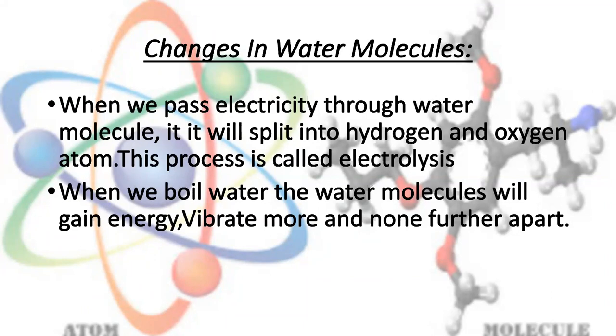When we pass electricity through the water molecule, it is split into 2 hydrogen and 1 oxygen atom. This splitting and this process is called electrolysis. Is it clear? This is the change of water when we pass electricity.